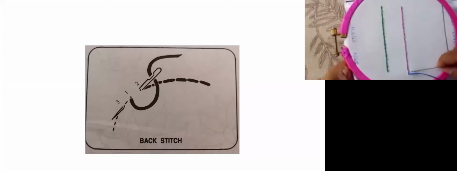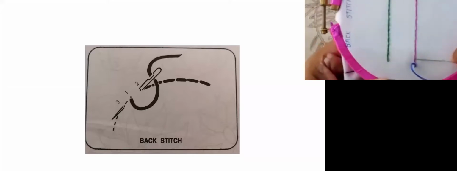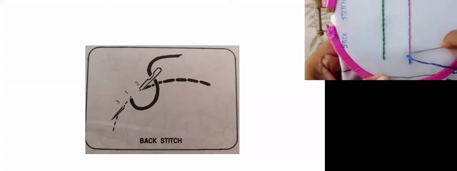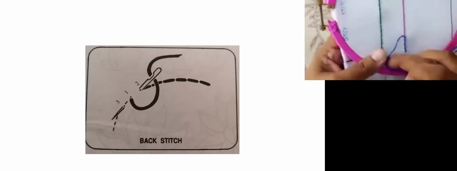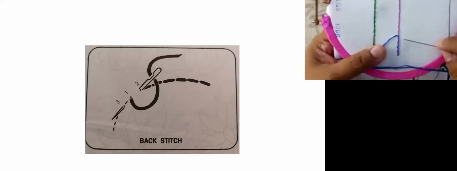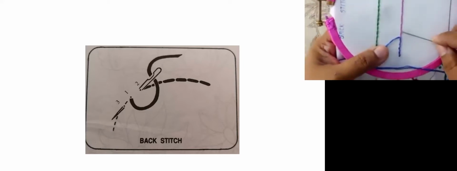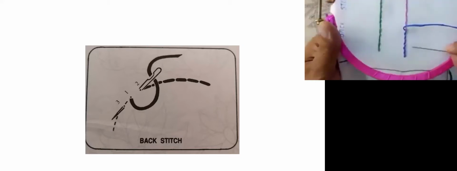So it is basically just going in all the loops. And always try to use a contrast color so you can make out the design. So now this kind of gives an effect of a rope.